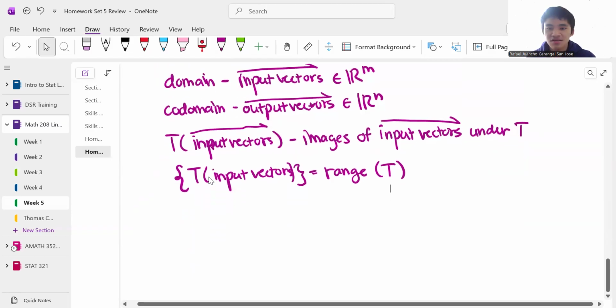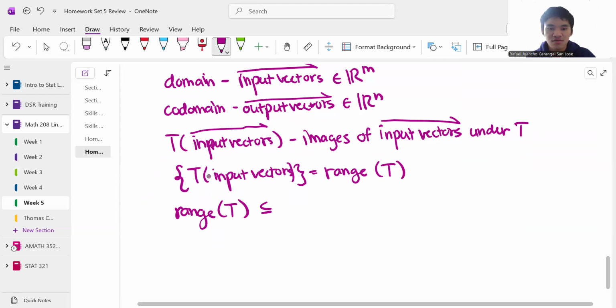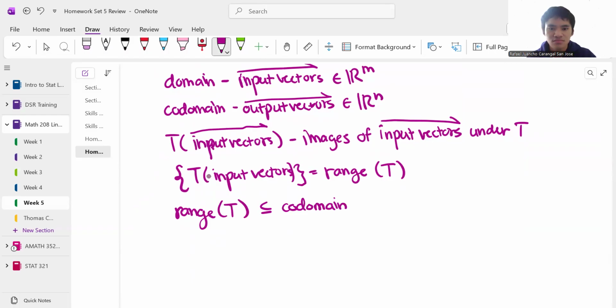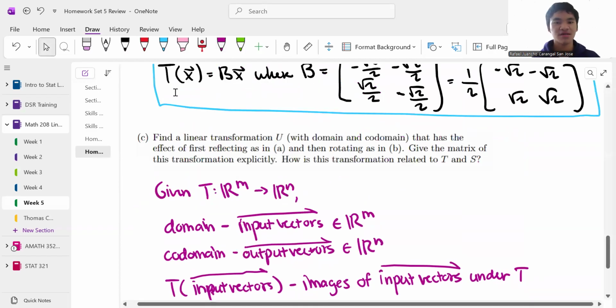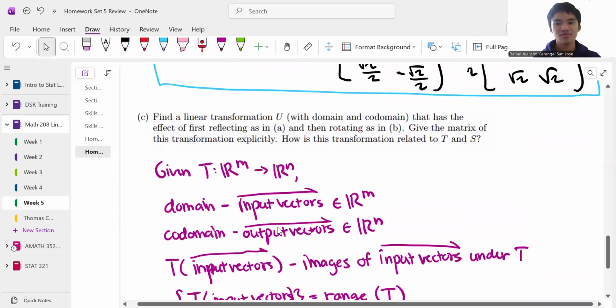And so we say the range of T is a subset of the codomain of T. Right. So those are definitions that might help us answer this question.